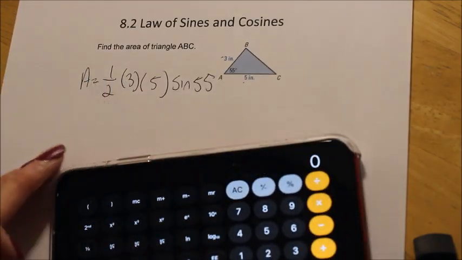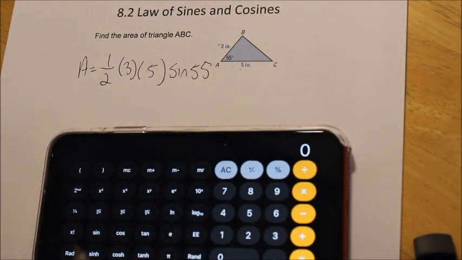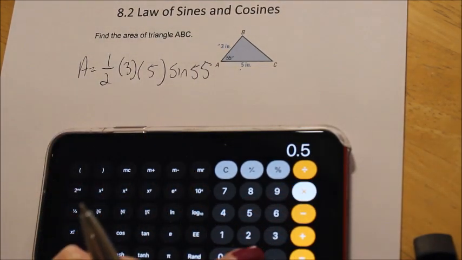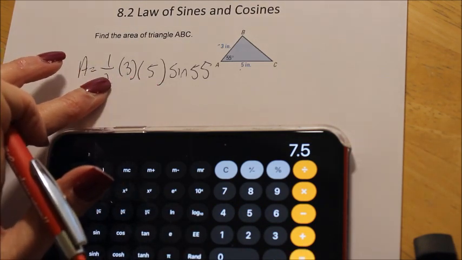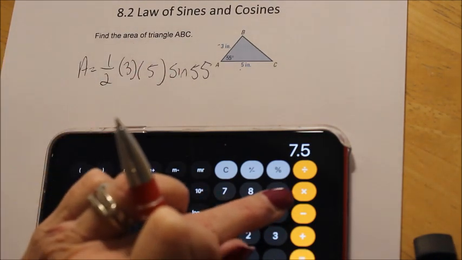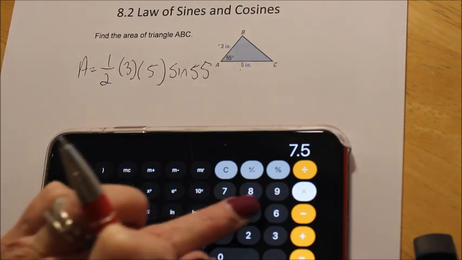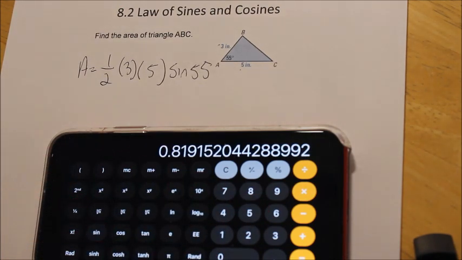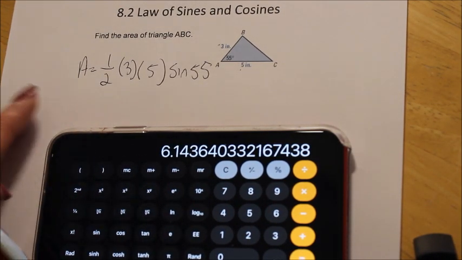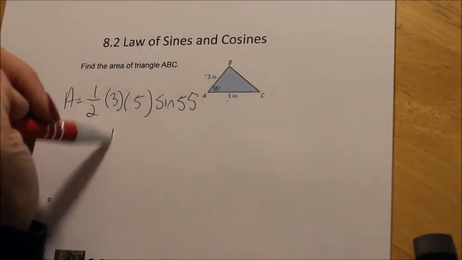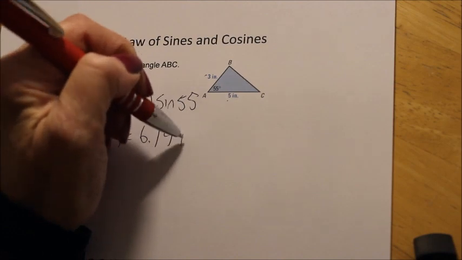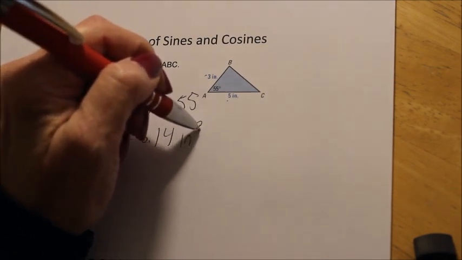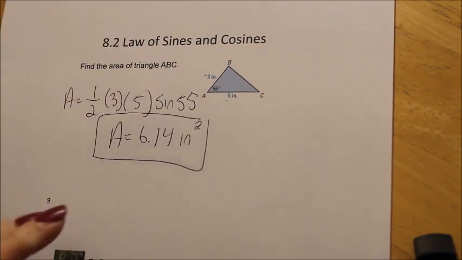That's all you got to do. 0.5 times 15, I already know, is 7.5 now, times the sine of 55. I get about 6.14. And that would be in terms of inches squared. So area is always squaring the units.